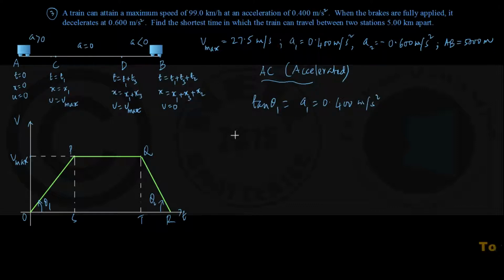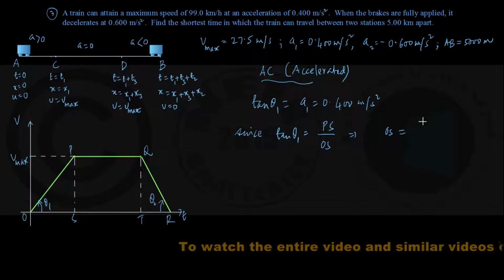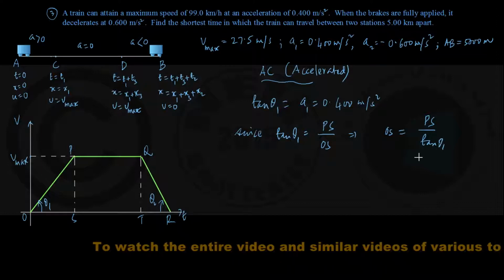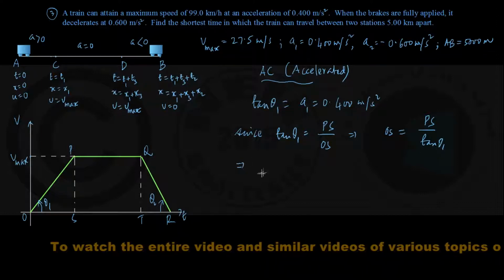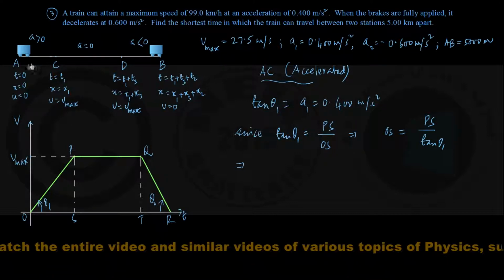And since tan θ1 in triangle OPS is given by the perpendicular, that is PS divided by the base OS, we get from here that OS is given by PS divided by tan θ1, right? But then OS is nothing but the time of travel T1 for the accelerated part.